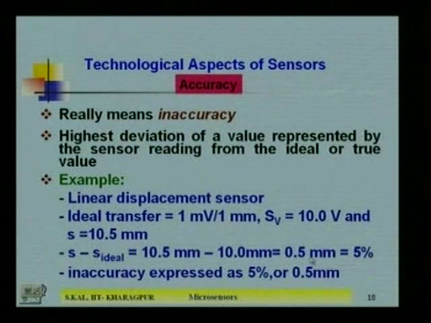So 0.5 millimeter in 10 millimeter means it is 5%. So inaccuracy here is 5%, expressed as 5% or 0.5 millimeter. That is basically how inaccuracy, or in other words accuracy, is defined, in percentage.